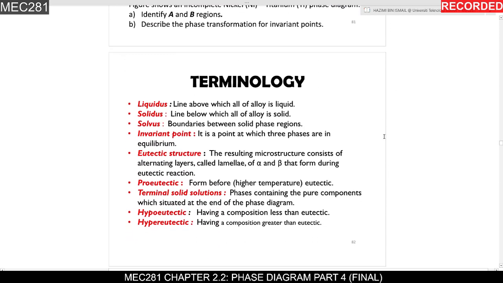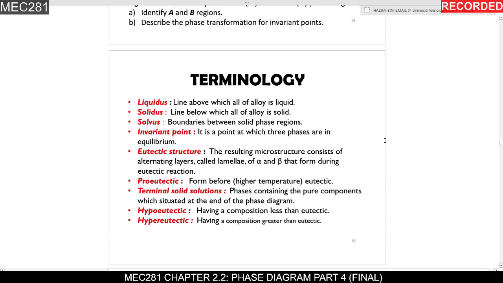Once again, in the summary of subchapter 2.2, we have the summary of the terminologies here. You can find the definition of every term in subchapter 2.2.